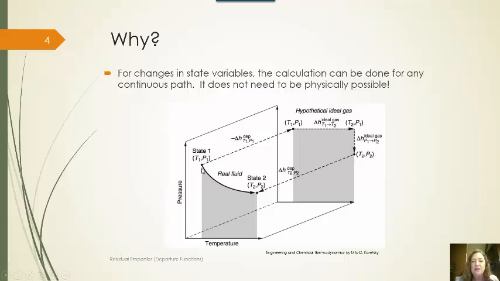But it might be easier if I said, well, what if I took this and turned it into an ideal gas, changed just temperature, just pressure as an ideal gas, and then at this final temperature and pressure brought it back to being a real fluid? Although I couldn't physically do this, this does form a continuous path with the same starting and stopping points.